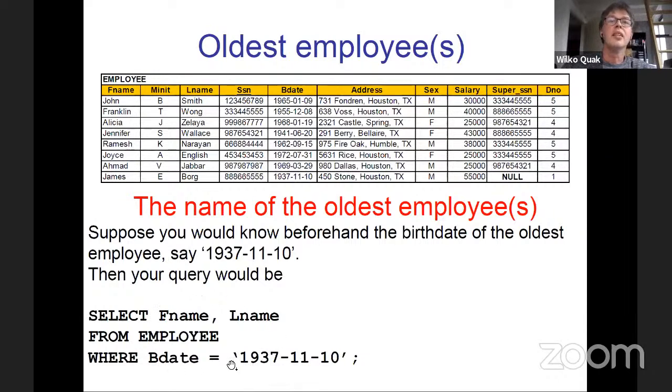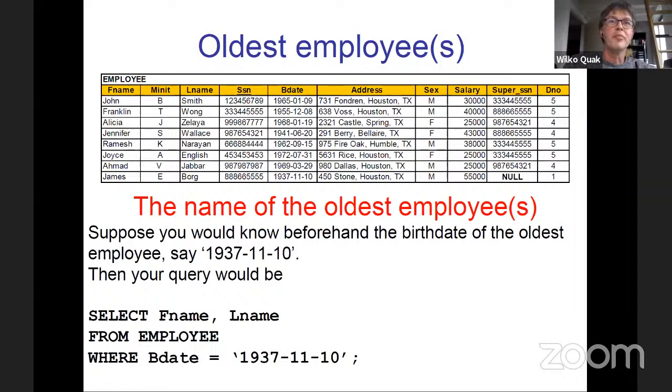Then it turns out that this is the age of the oldest employee, and if you know the value, you could fill in this value in this query, and then you would get the names of the oldest employee. So you can do it in two queries, but that's not so nice, because in the middle, you have to copy and paste.